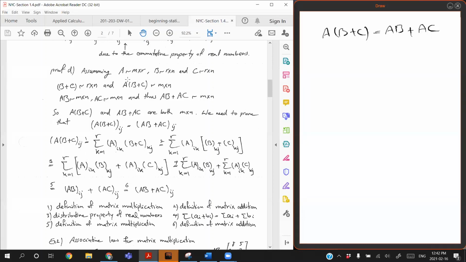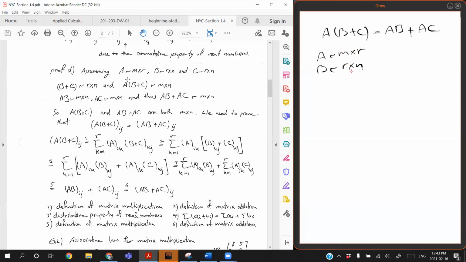So in order to prove something like that, we have to begin with the most general form of the matrices. We only define the A, the B, and the C so that these operations are defined, are possible. So assume that A is a matrix which is M by R. Then B is a matrix that is R by N. It has to be R by N so that the inner dimensions are the same, and then AB is defined.